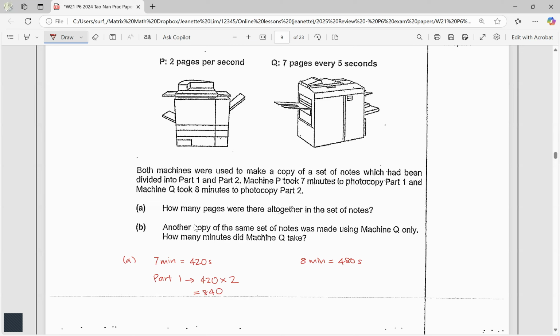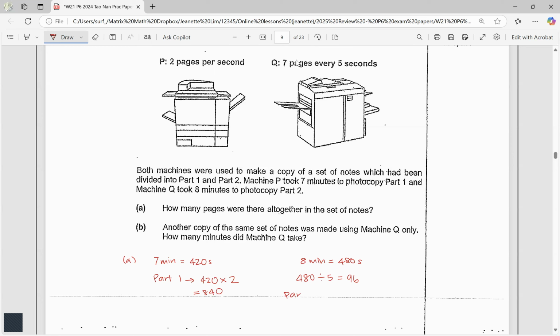So for part 2 of the notes, it's printed by Q. But we have to use grouping because it says every 5 seconds. So in 480 seconds, how many groups of 5 seconds are there? I'll take 480 divided by 5, and I get 96 groups of 5 seconds, which means that I have 96 groups of 7 pages.